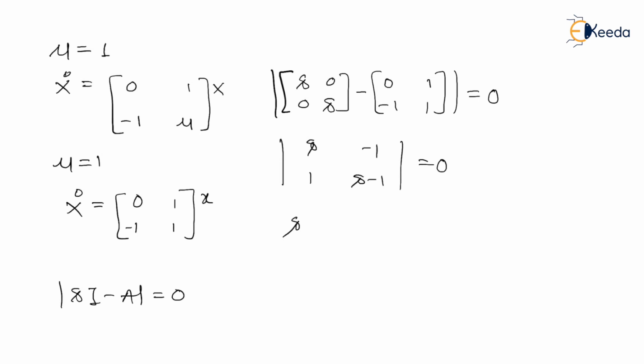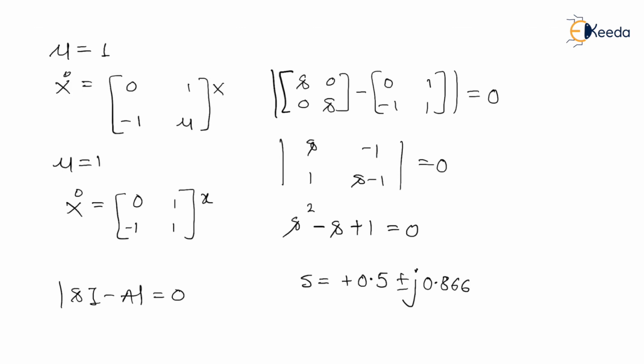So the expression is s square minus s plus 1 is equal to 0. Now if you go for finding the pole locations, or the roots, s is equal to plus 0.5 plus minus j 0.866.